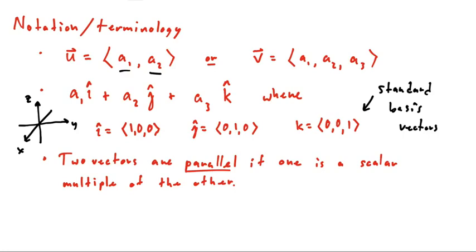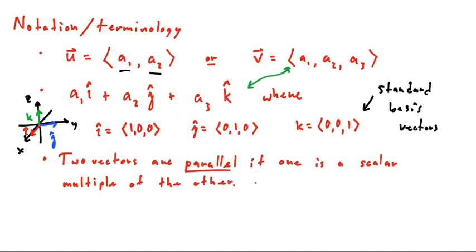The vector i goes a distance of 1 only in the x direction. This would be i. The vector j goes a distance of 1 only in the y direction. This is the vector j. Finally, the vector k goes 1 only in the z direction. We can represent the same vector using these two different pieces of notation.